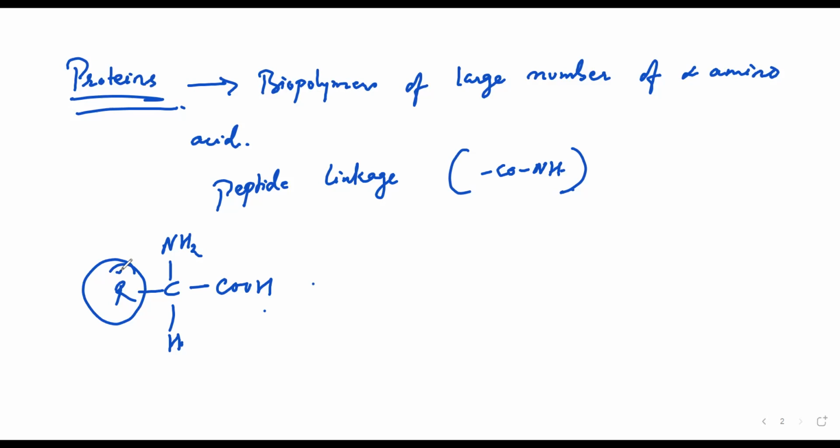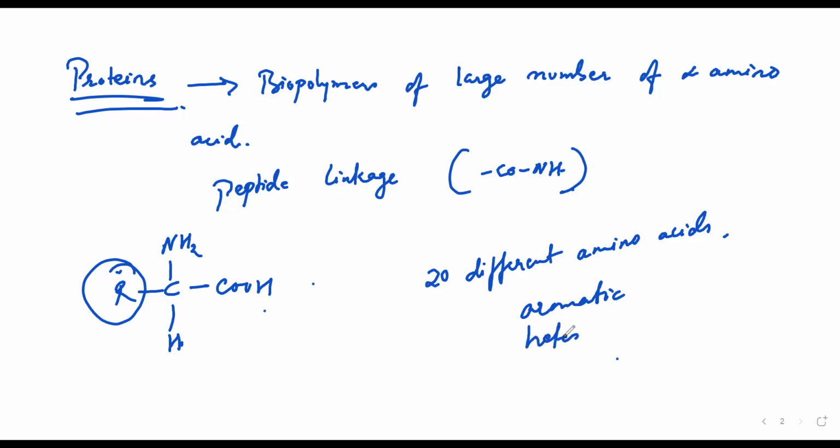For example, there are 20 different amino acids, and they all differ depending upon their structure, features, and characteristics. Some will be aromatic, meaning they may produce aroma, some may be heterocyclic, some may be simple.